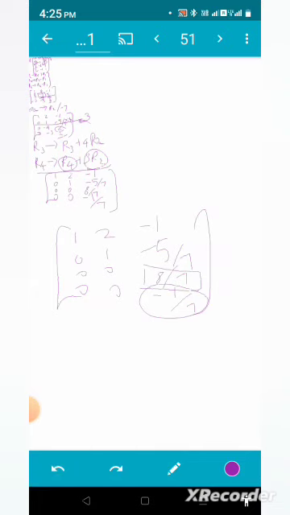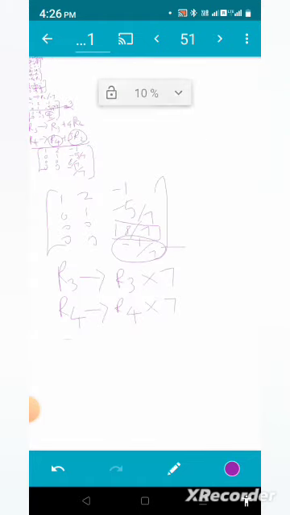So I create R3 gives R3 into 7. Similarly, this also gets 1. So R4 gives R4 into 7.